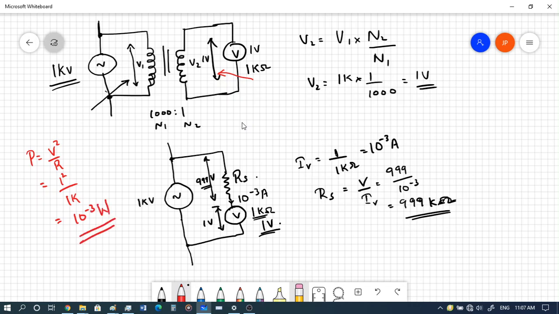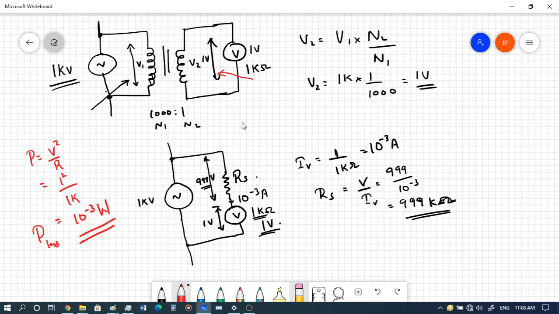Considering this transformer is ideal, there is no loss, and generally transformers have very high efficiencies, more than 98-99%. So we can neglect the loss in the transformer. You'll get the maximum power consumption by the voltmeter or the potential transformer as 10 to the power minus 3 watts.